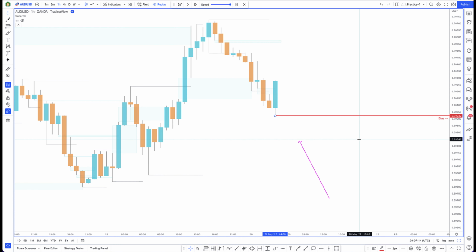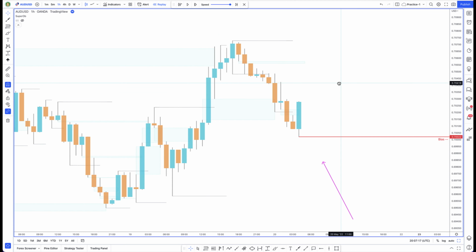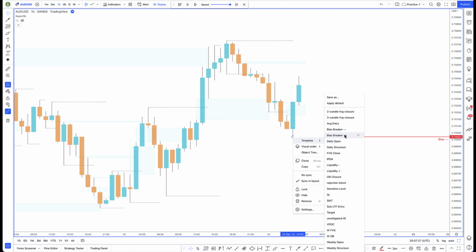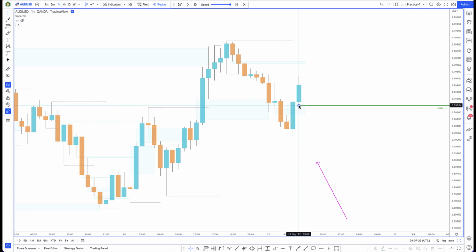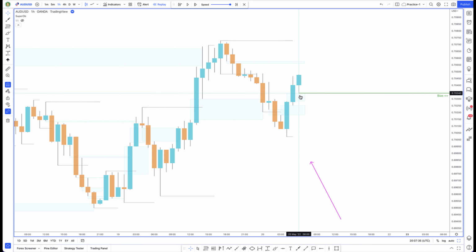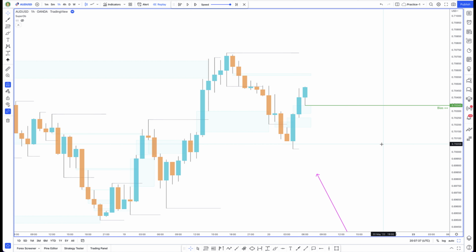Boom. All right, now the bias changes, and this could keep on flip-flopping, but this is a very succinct tool that you could use in your trading to quickly understand what type of bias a particular time frame is presenting to you.